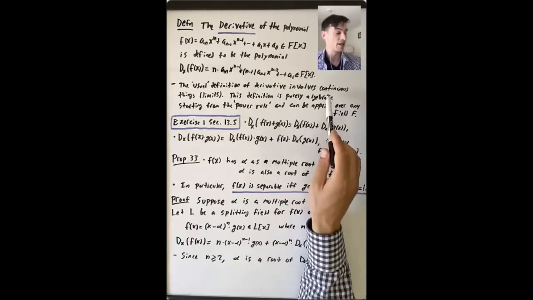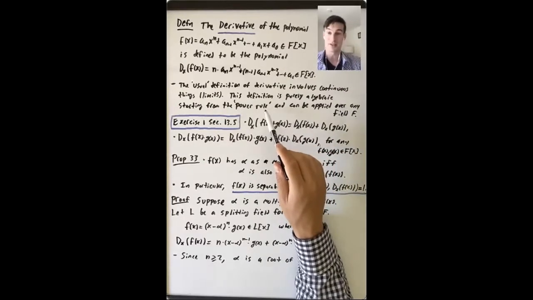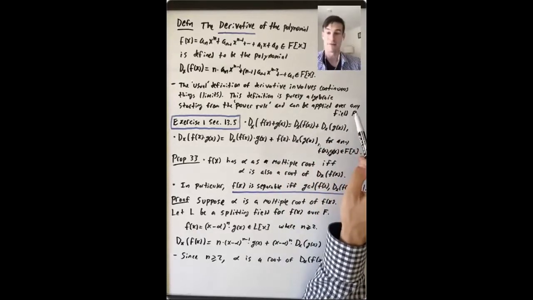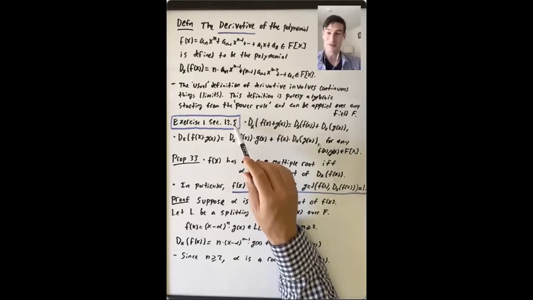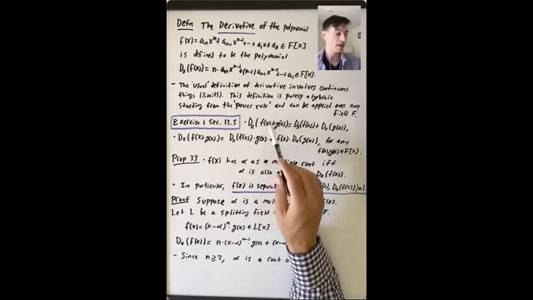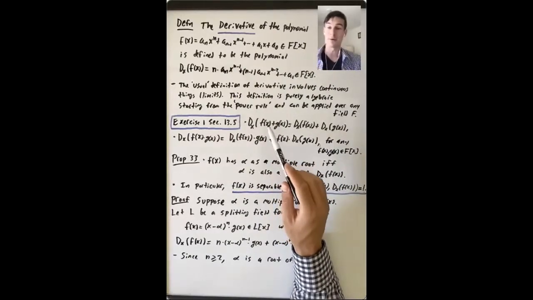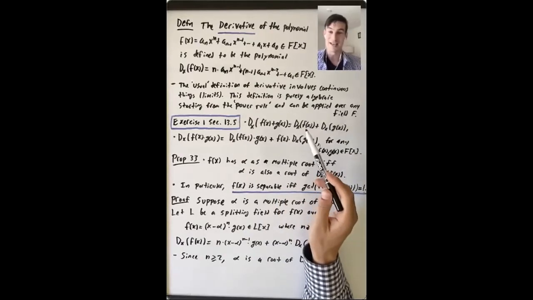So this definition is purely algebraic, and it's easy to remember because it just comes from the power rule, and you can apply it over any field F. So it's an exercise in section 13.5, exercise 1, to show that this definition of derivative maintains some of the nice properties that you're used to from derivatives in calculus class.